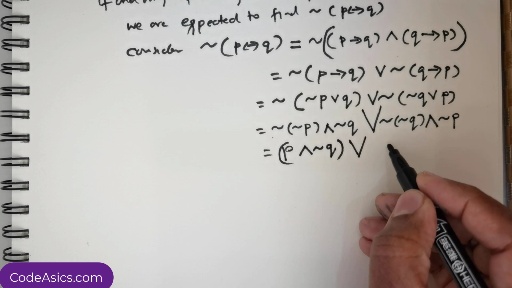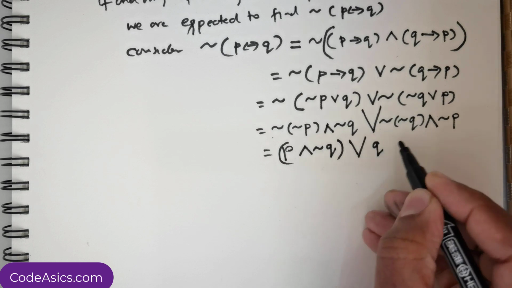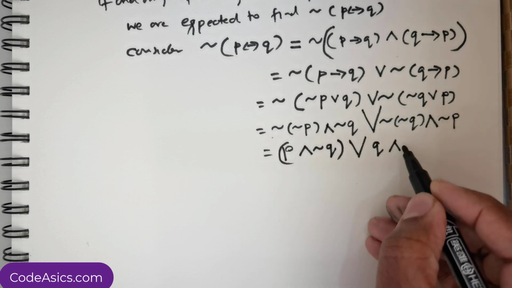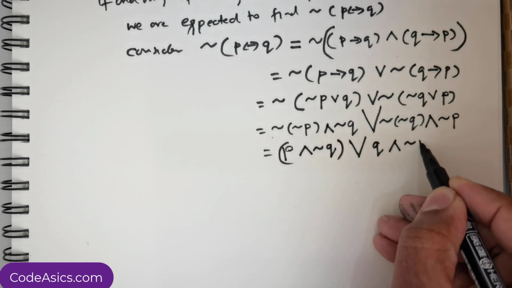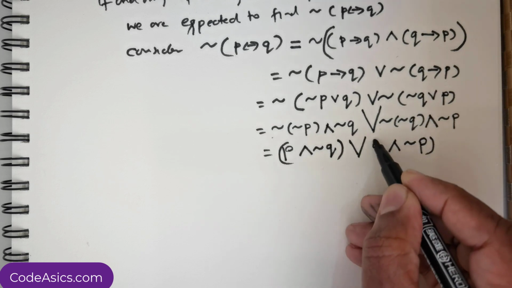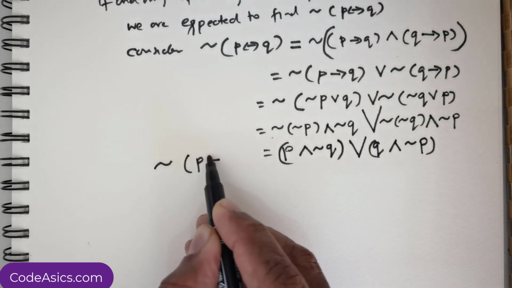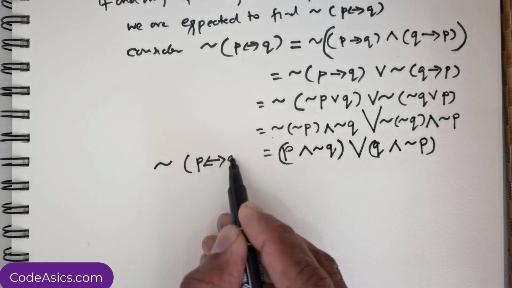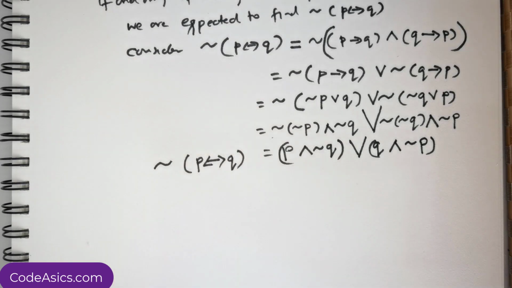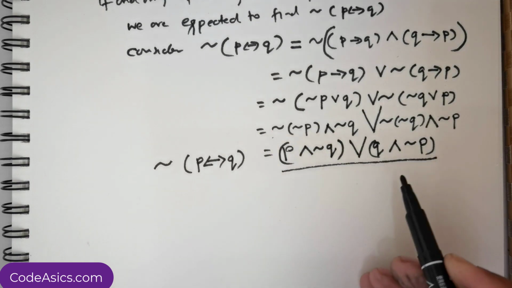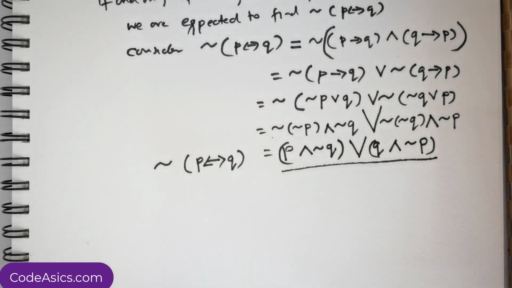Negation of negation Q is Q, and I have a conjunction followed by a negation of P, which is nothing but the negation of the biconditional P Q, or P versus Q. So this is what we are expected to find if we are asked this.